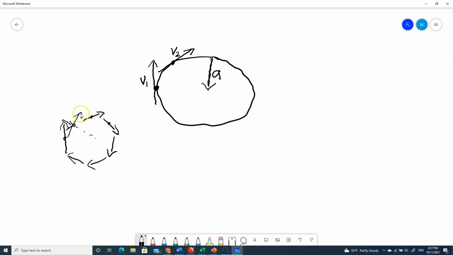For example, with this arrow, in order to switch it to the direction of this arrow, we would also have to change the velocity inwards. Basically this arrow would just shift this way to point in this direction. It would just be a very simple tilt of the arrow inwards.